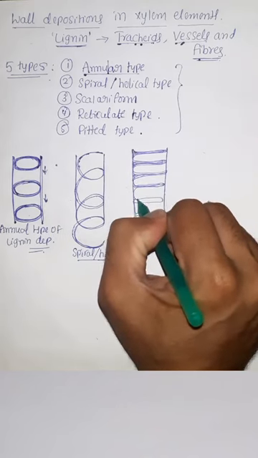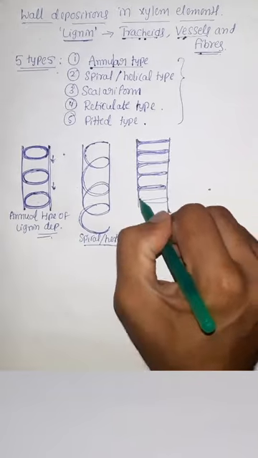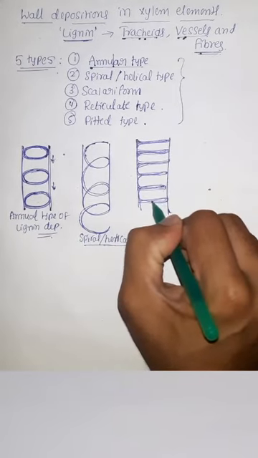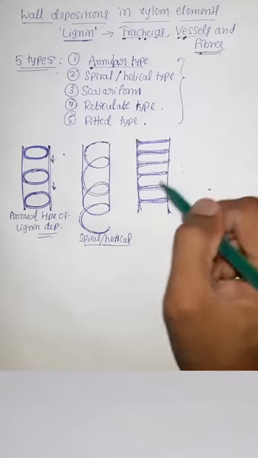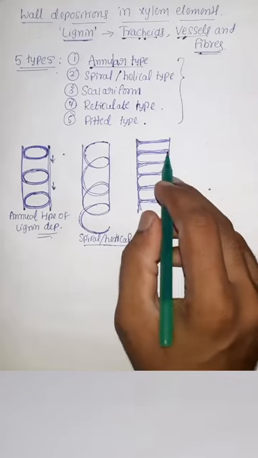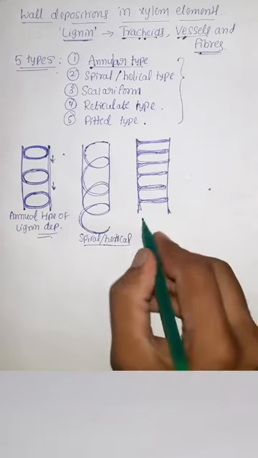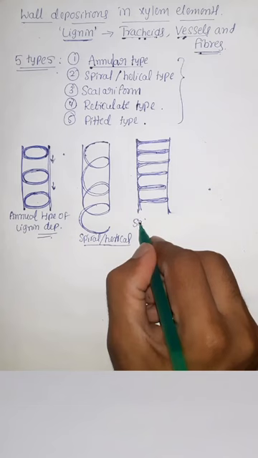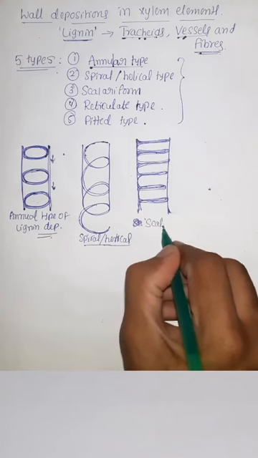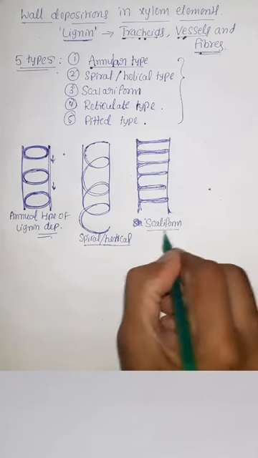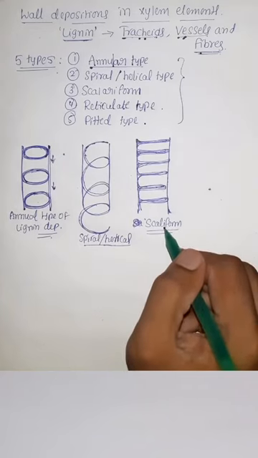This is another type of lignin wall deposition. Whenever the lignin is depositing like this, this type is known as scalariform type of lignin wall deposition.